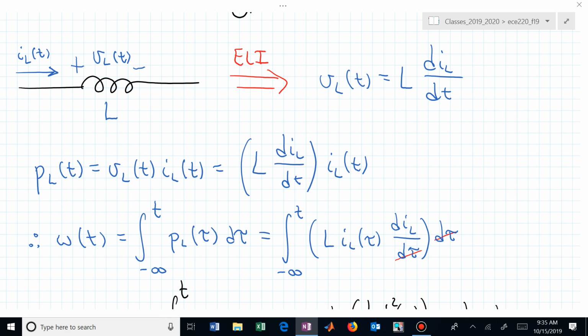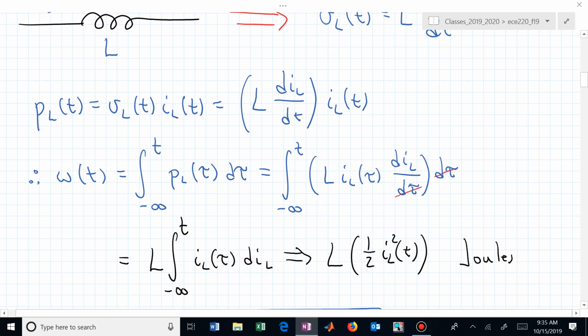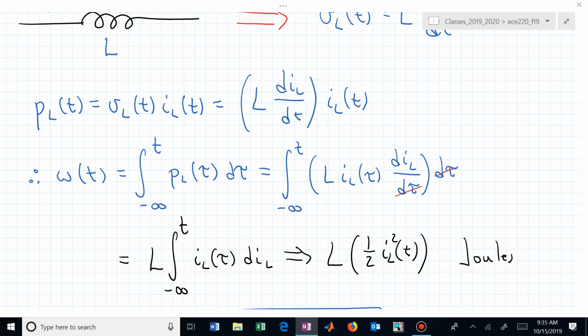From that, we can actually integrate power to obtain the energy, replacing the L di dt i into the p argument in the integral. We now can find that we have L, which we're assuming is constant. We're assuming it's not a function of time.